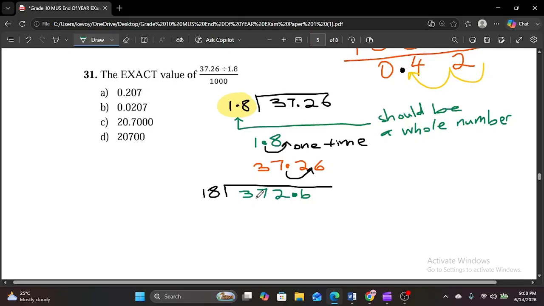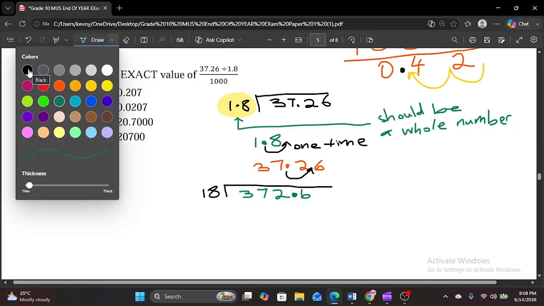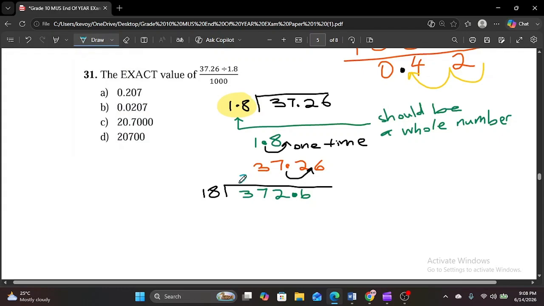Looking at that right now, 18 goes into 37 2 times. So 2 times 18 is equal to 36.